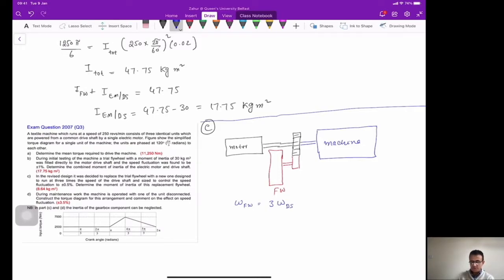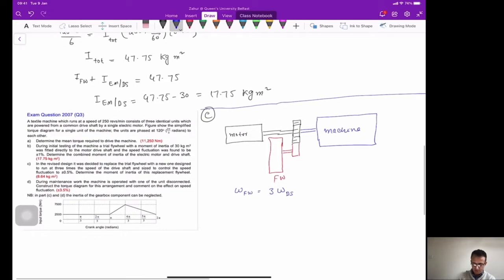Okay, so now we have this new system, and you're also given that you have to control the speed fluctuation to plus minus 0.5%.